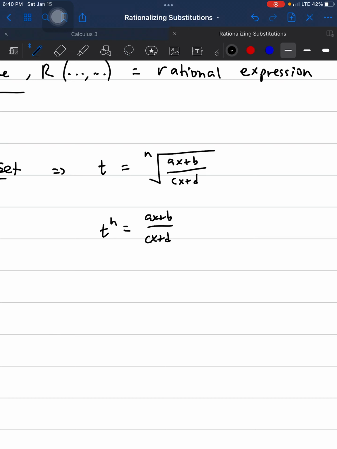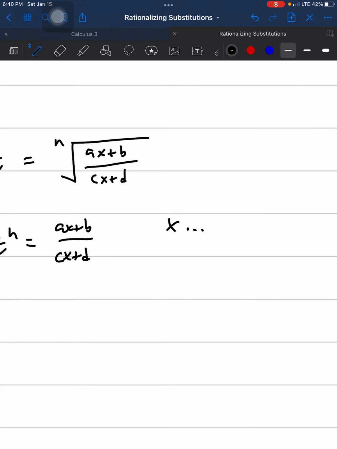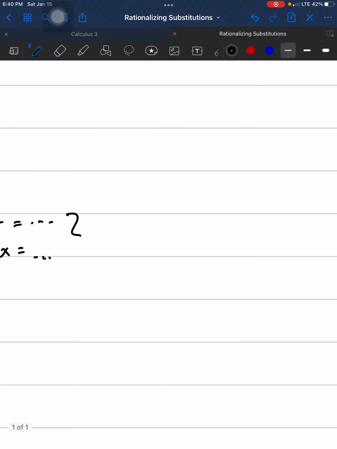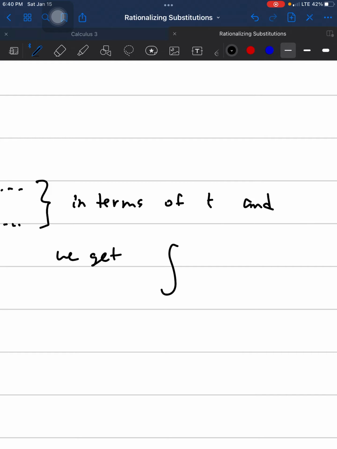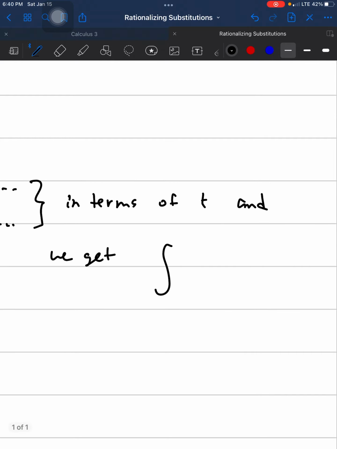to T, and then just like how in definite U substitution we have to change the bounds if there are any bounds, we have to make sure that whatever the x is, whatever the dx is, we change it into terms of T, and we should get basically a rational function that we can integrate.